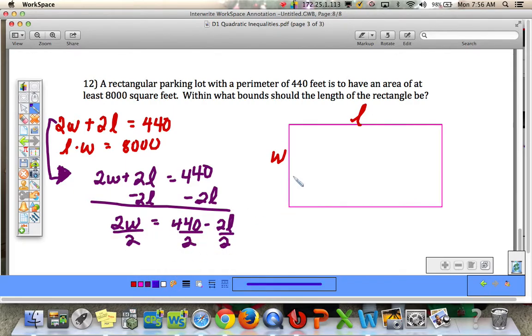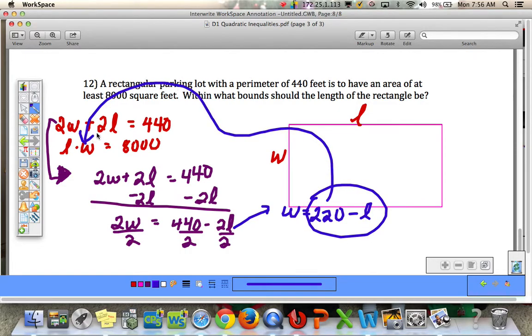Oh, I forgot to divide each by 2. So W equals half of 440, which is 220, minus half of 2L, which is just L. So we're going to use substitution, plug it into this function right here, and we will solve. So we have L times 220 minus L equals 8,000.